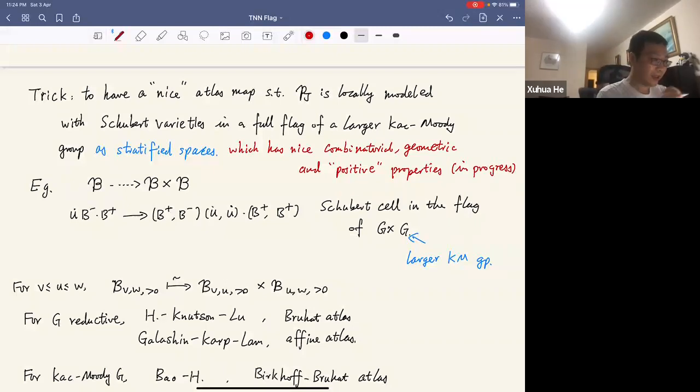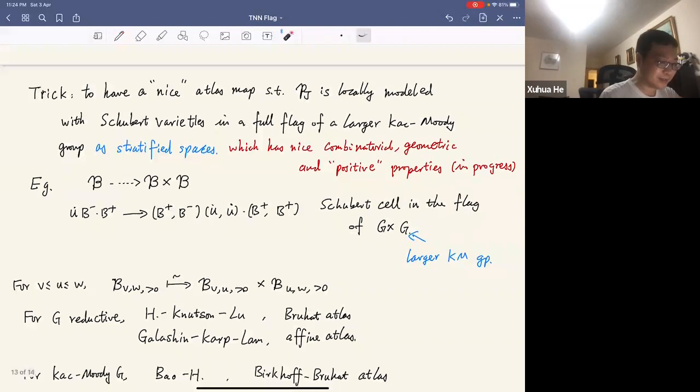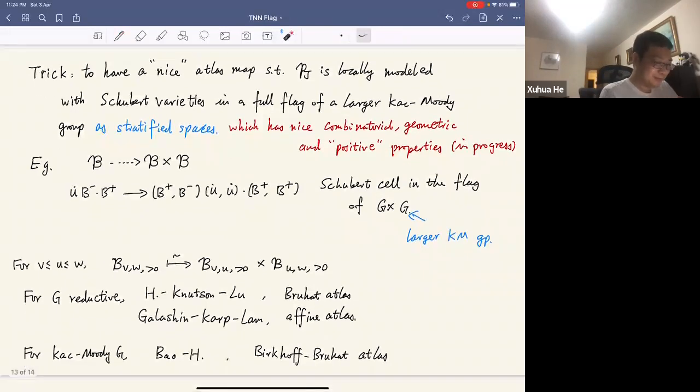Let me mention one example. In the full flag case, previously we discussed that we have this decomposition of the open part, U dot B minus dot B plus. We say that this is isomorphic to a Schubert cell times the opposite Schubert cell.